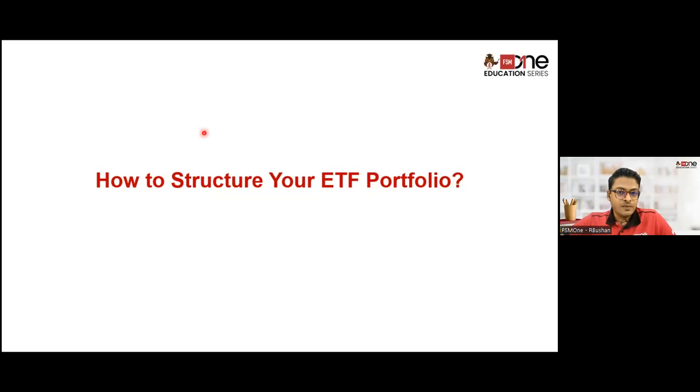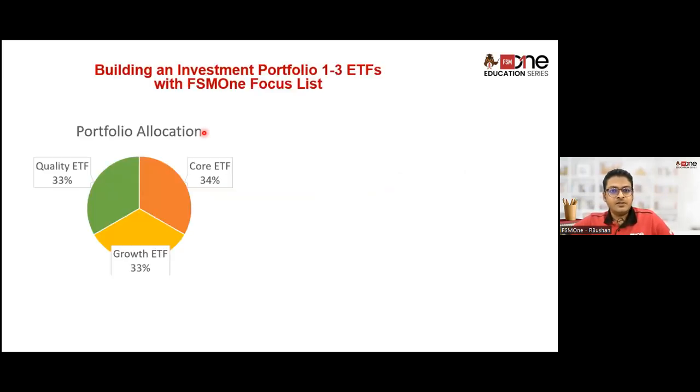So how do I structure this based on this understanding? Remember earlier, not to have too many ETFs, one, two, three. We can go up to 5. This is the way I structure it, whereby I spread it equally between the core ETF, quality ETF, and growth ETF.